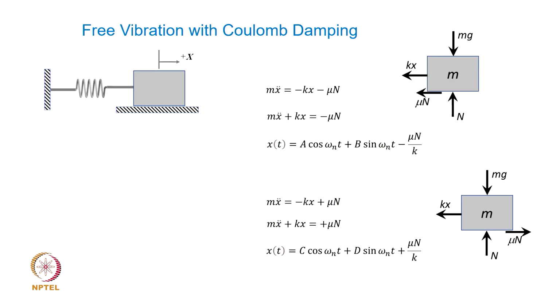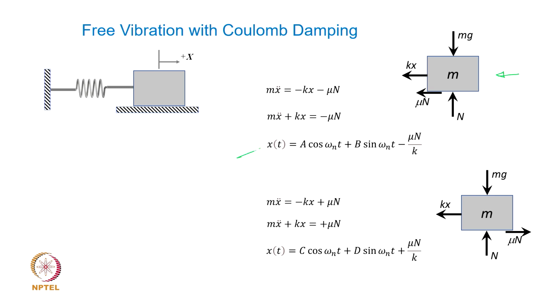So, these are the free body diagrams of a simple spring mass system under dry friction damping or Coulomb damping, and we discussed that the free body diagram for the same system changes from one half cycle to the other half cycle.